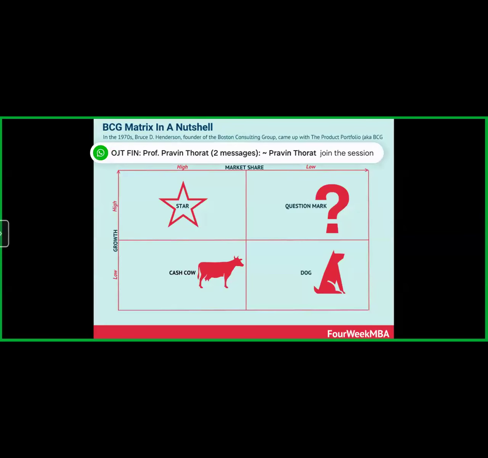So in the 1970s, Bruce Henderson, founder of Boston Consulting Group, came up with a product portfolio, that is the BCG matrix or growth share matrix, which would look at a successful business product portfolio based on potential growth and market share.